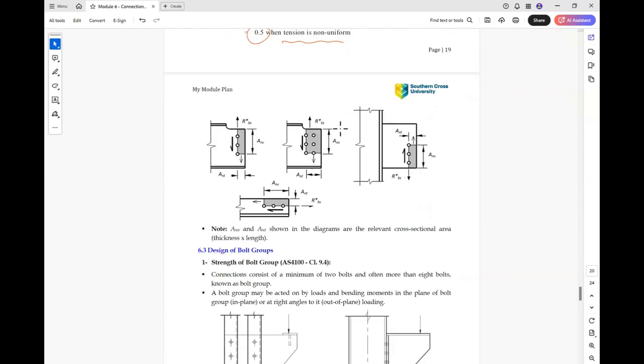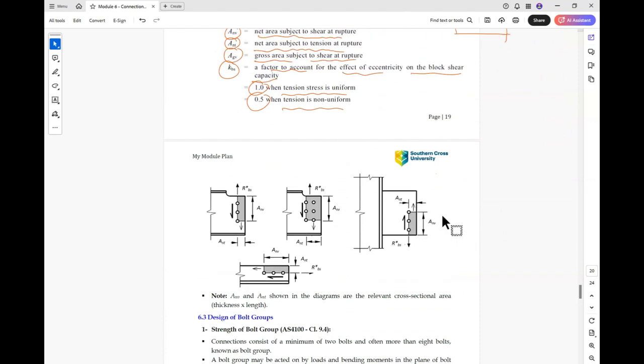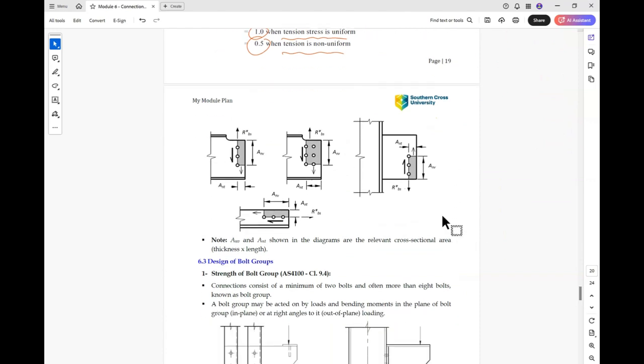So let's look at this example here for block shear failure. We have the shear force R star_bs, so this is the shear force causing block shear failure.